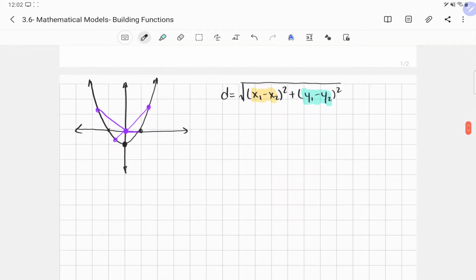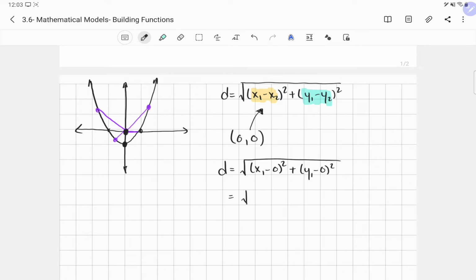The other thing that we need to recognize is that all of these are going to be the distance from the origin. Remember the origin is the point 0, 0. So let's go ahead and plug this into the function and see what we have left. We have the distance is equal to the square root of x1 minus 0 squared plus y1 minus 0 squared.